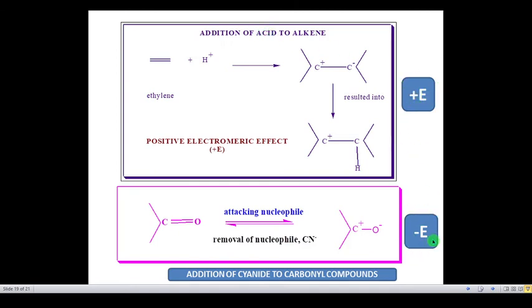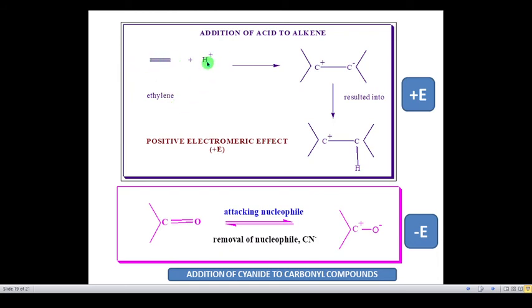Next one. In this slide we are discussing the plus E effect and minus E effect. The minus E effect we have already discussed in the previous slide, so we are not going to discuss it more. Now consider it taking place in alkenes. You have an alkene here, a carbon-carbon double bond.